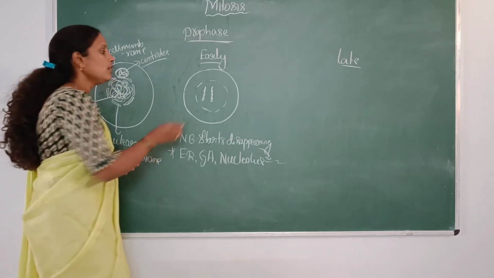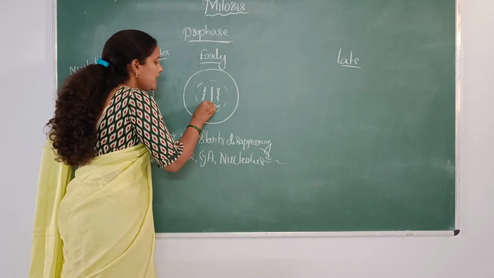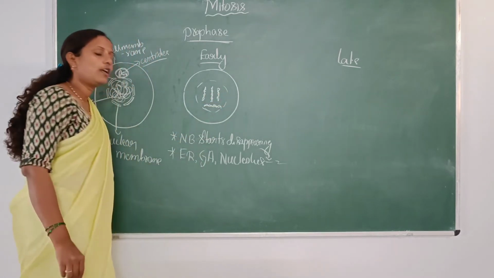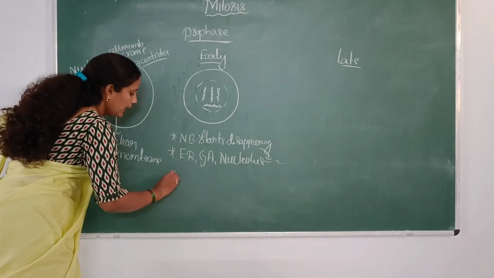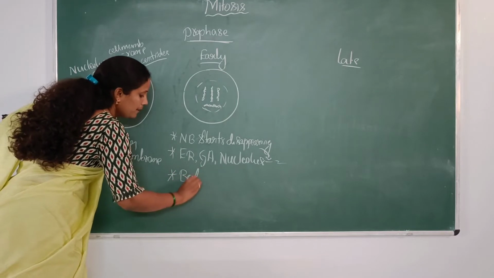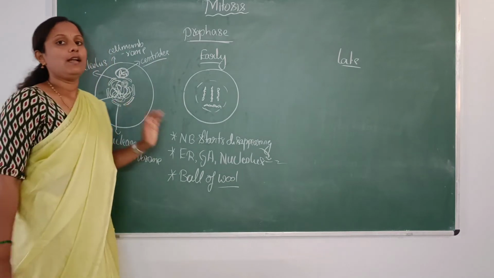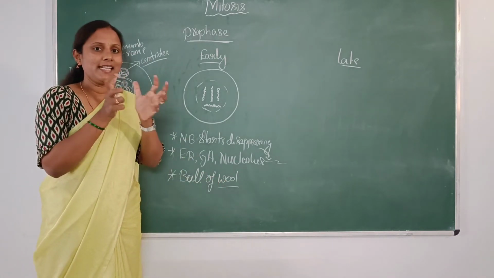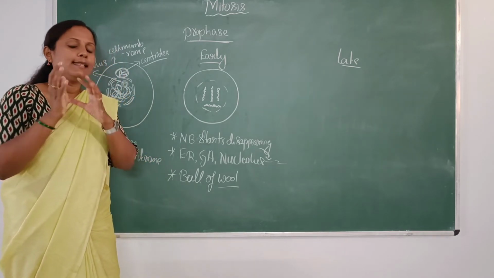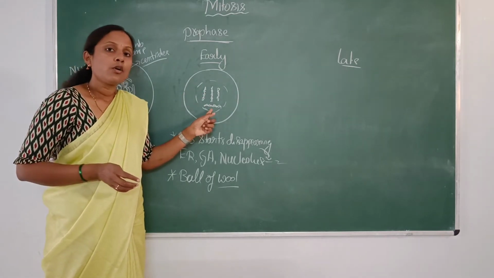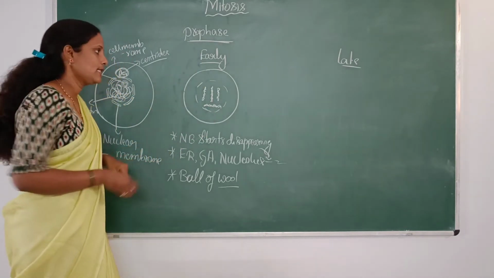Upon condensation, there is an appearance of chromosomes, and here the chromosomes are not clearly visible, but they just appear like a ball of wool. If you take a thread of wool and start winding it or clumping it, what it appears like, just like that, the chromosomes will also start appearing in the early prophase.